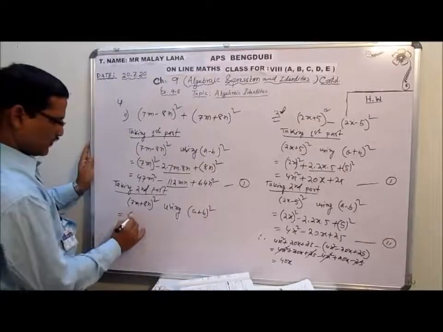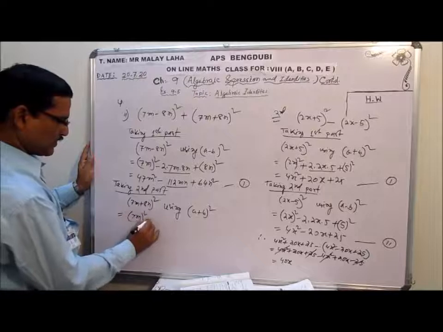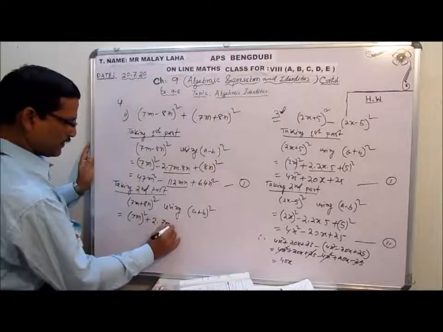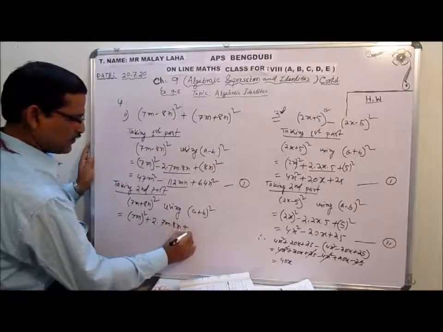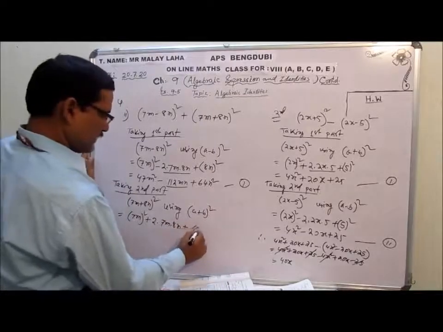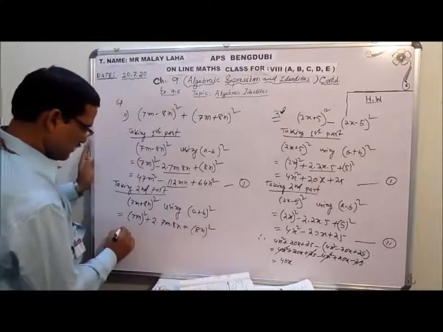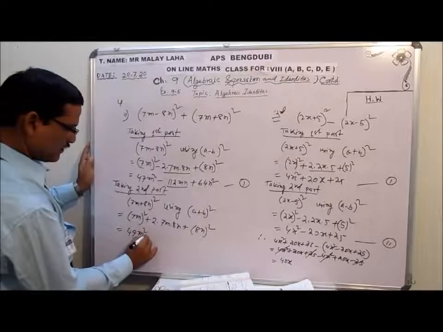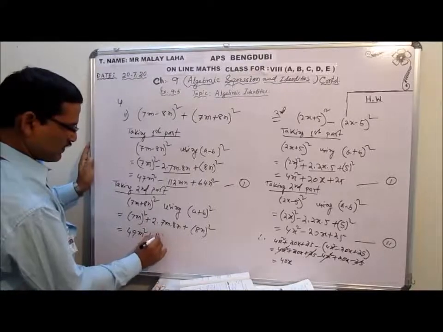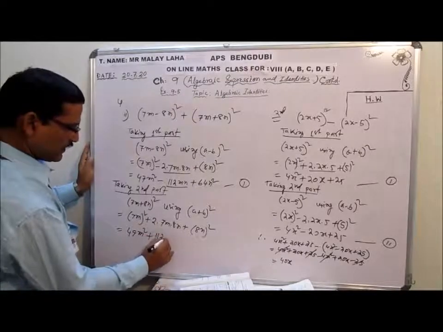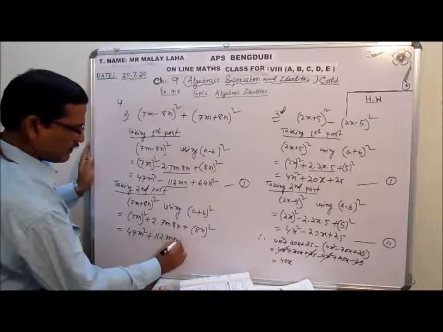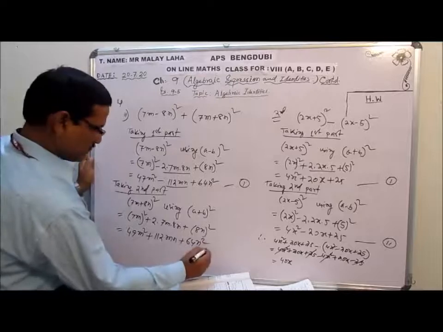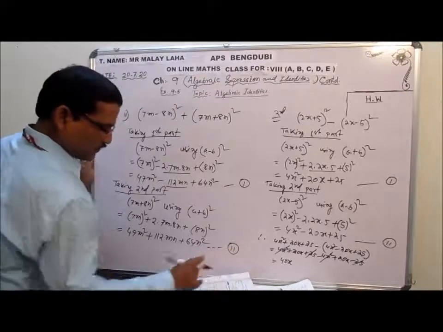So a square means 7m whole square, plus twice a means 7m, b means 8n, plus b square means 8n whole square. What is the answer? 49m square plus the same 112mn plus 64n square. That equals part 2.